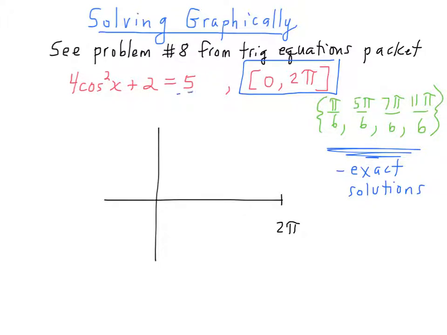But in this video, I'm going to have you bring everything over to one side. So we have 4 cosine squared of x minus 3 equals 0. On our calculator, after we enter this into y equals, we're going to use the 0 button, which is found under second trace.